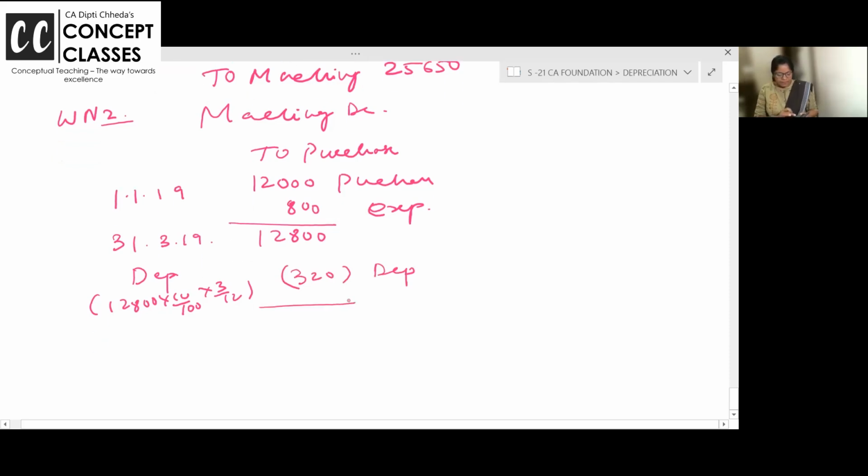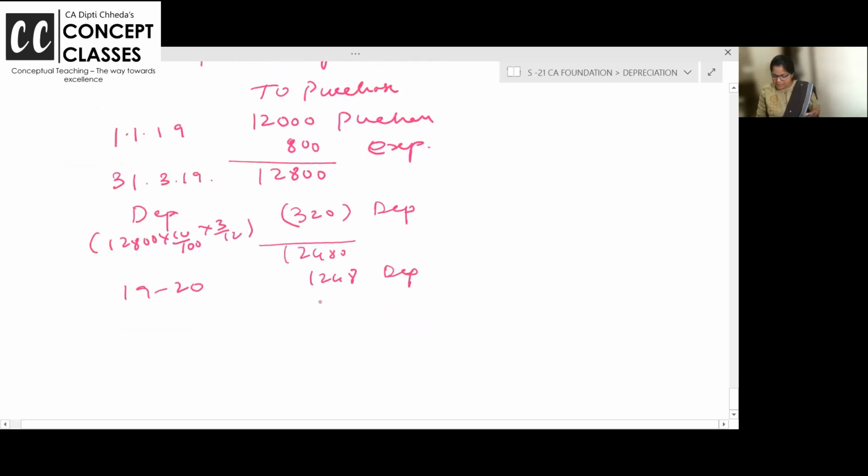Depreciation. 12,480. Now, 19 and 20 whole year 1,248 depreciation. 11,232 is the value on 31st March 2020. That is this date.